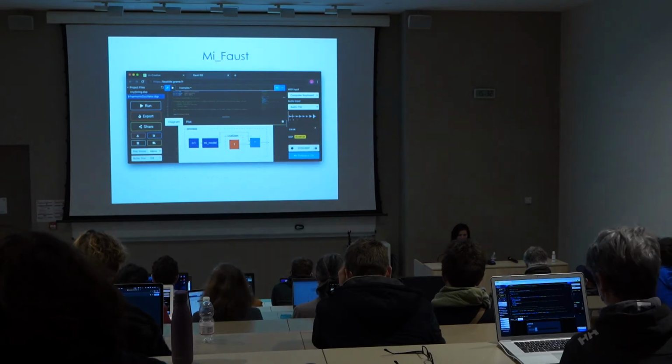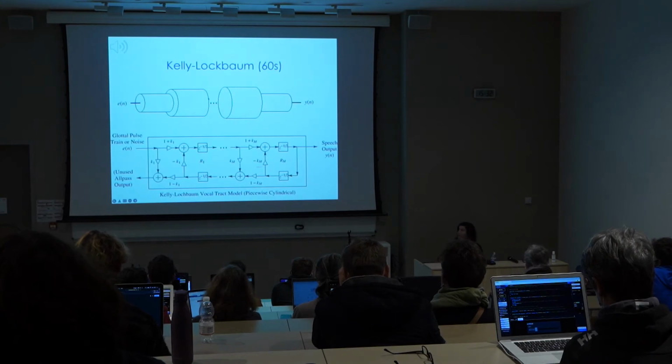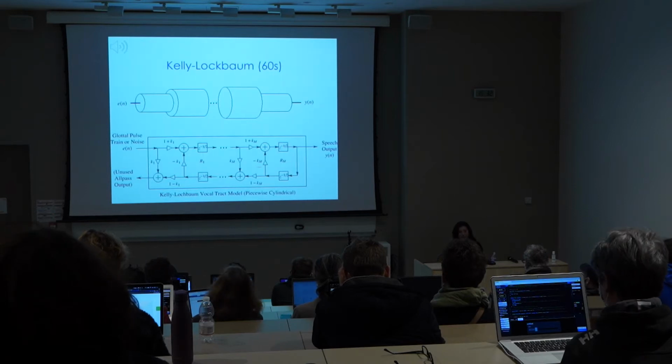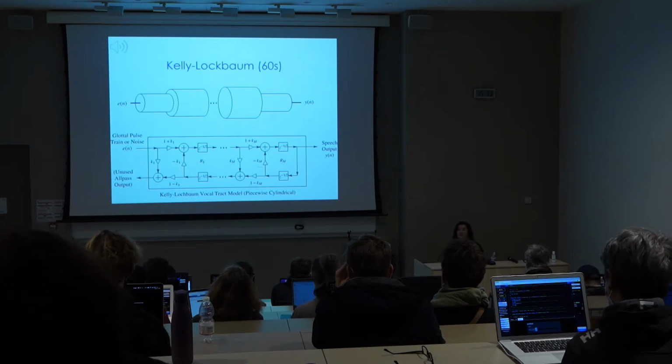It's interesting to see that the same techniques have also been used even before to create a vocal tract simulation. Your vocal tract can be considered as a combination of many tubes of different shapes and different dimensions, and this was used actually to create a voice synthesis.